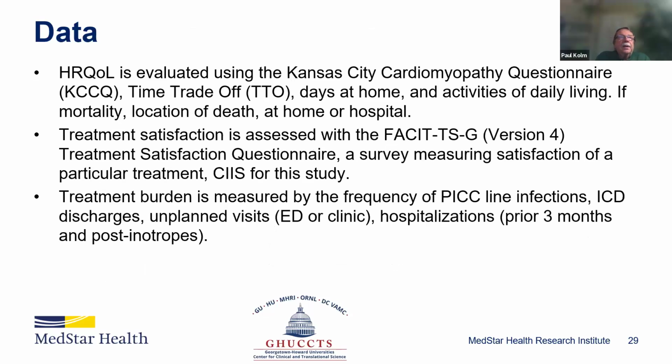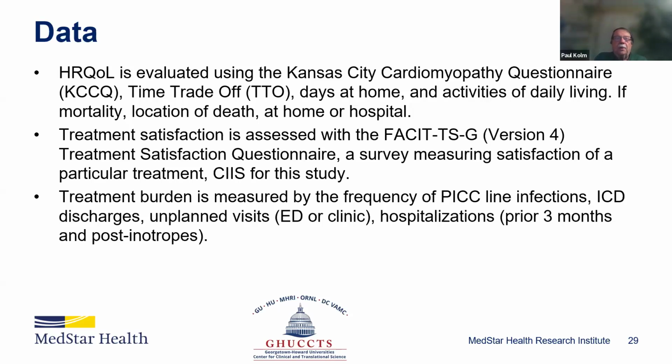So for our quality of life data, we're going to use the Kansas City cardiomyopathy questionnaire. There's a time trade-off, the days at home, activities of daily living, and if the patient dies, the location of death, at home or hospital. Then there are variables that measure treatment satisfaction, and another set of measures that look at treatment burden.